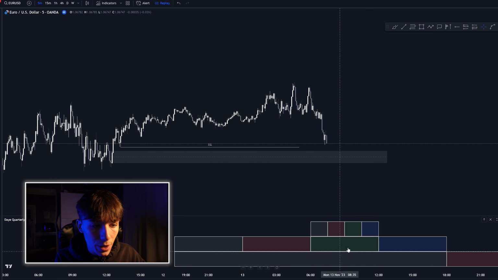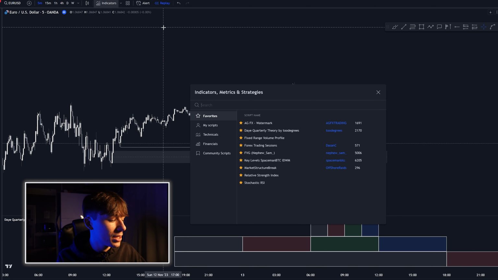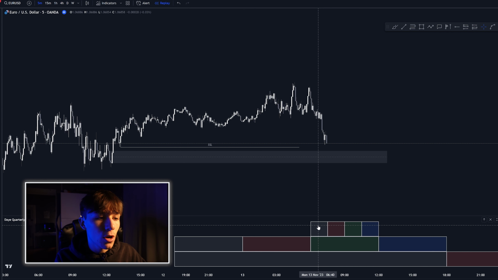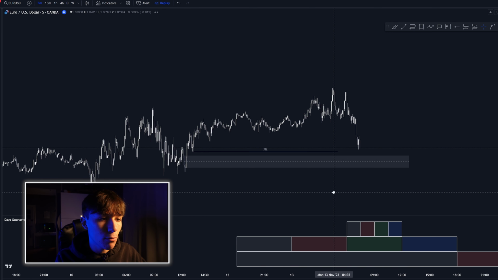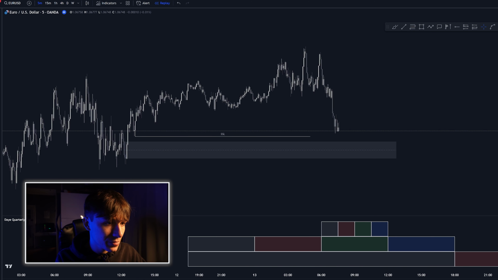What you're seeing down below is the quarterly theory indicator. You can just go to indicators and use the first indicator by 2 degrees. This will display all the quarterly theory times that we discussed. So these are the sessions, these are the 90-minute cycles. So I'm waiting for my point of interest to get hit. Let's see what happens.